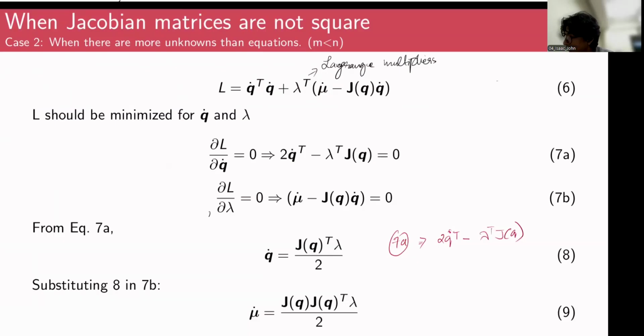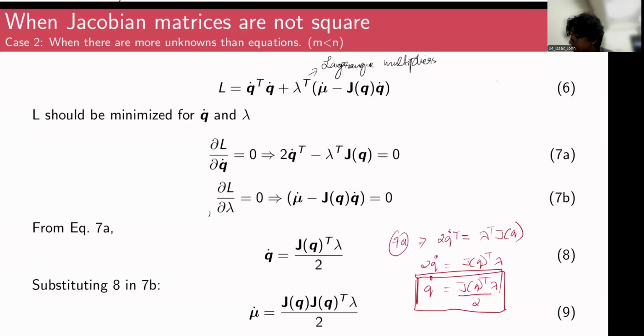If I bring everything to either side of the equality and take the transpose on either side, you will get 2q dot equal to j of q transpose lambda, and as a result, q dot would be j of q transpose lambda by 2. This would be your q dot in terms of lambda.